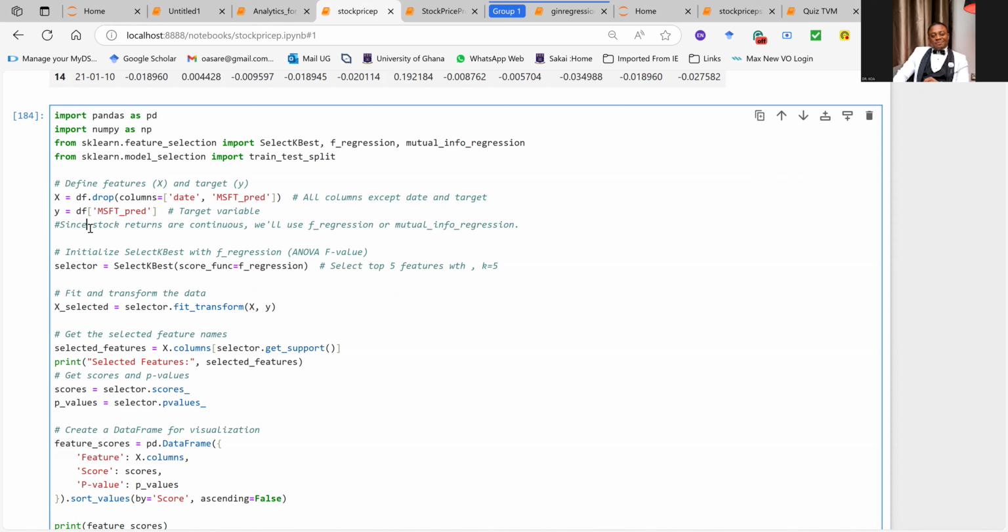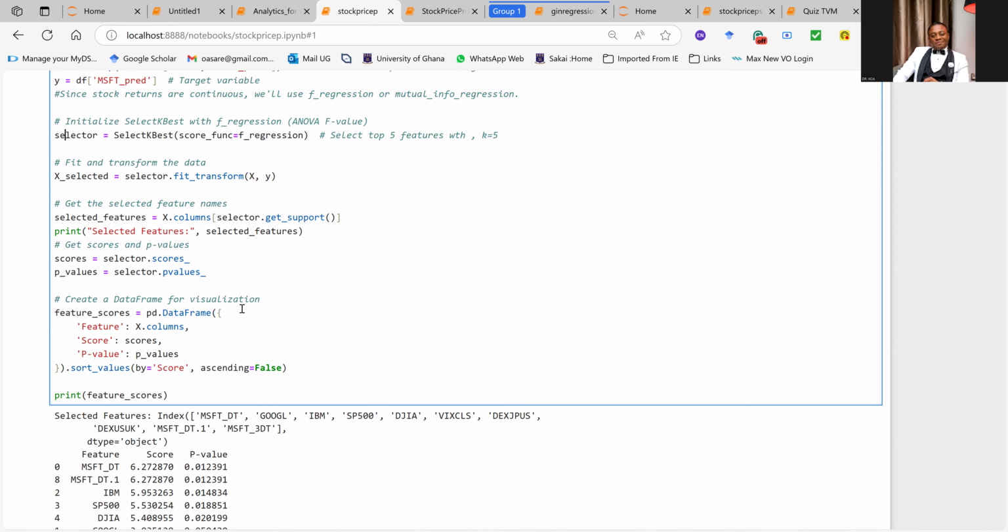I've indicated here that since stock market returns are continuous, we'll use the F regression or mutual info regression. We will remove the date and the target variable to be able to get our features. So if you have learned a little bit of feature selection, that is what we are basically doing.